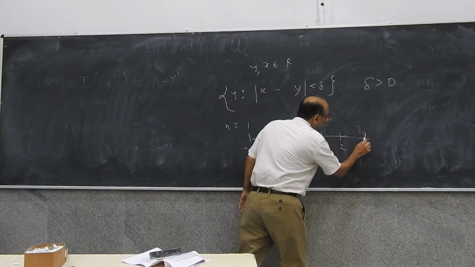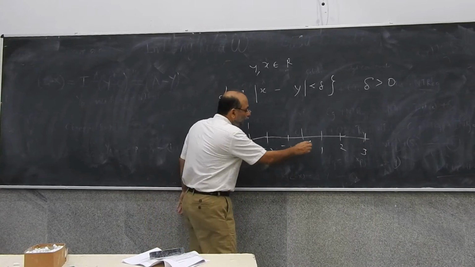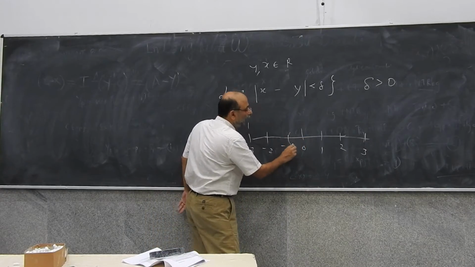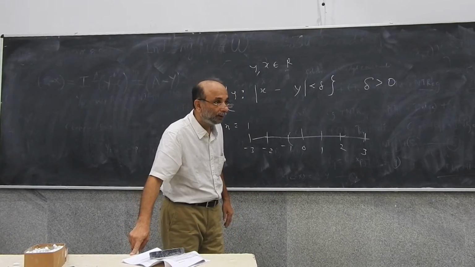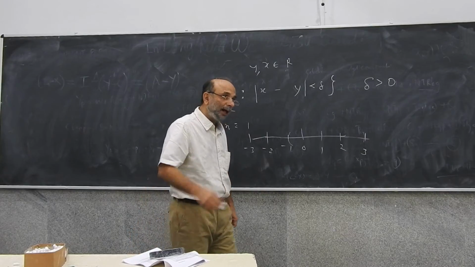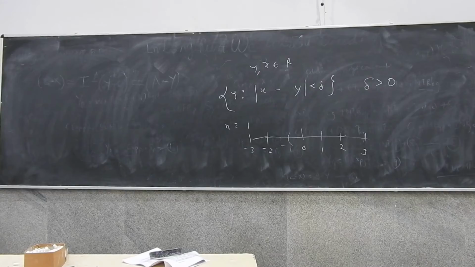All points up to 3 but not including 3, and all points down to minus 1 but not including minus 1. These are all points which are at a distance of less than 2 from 1.